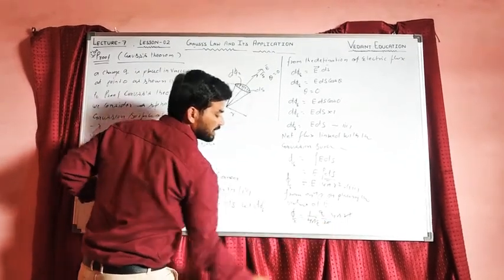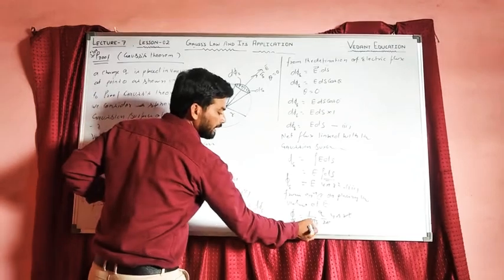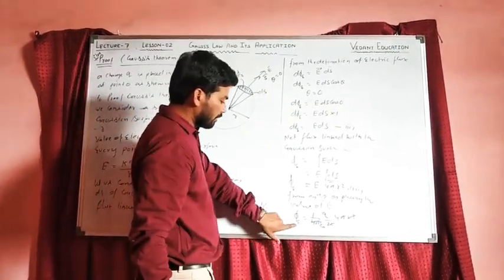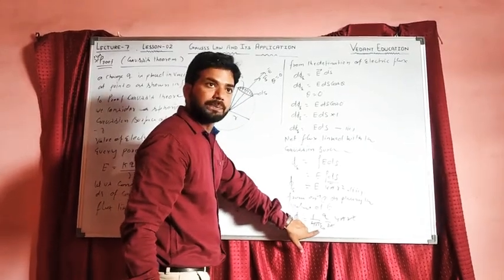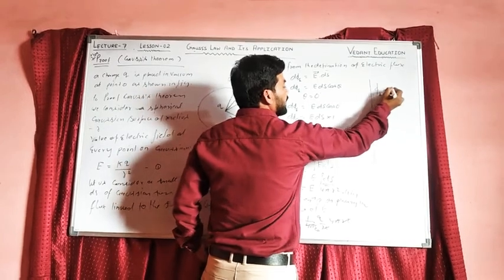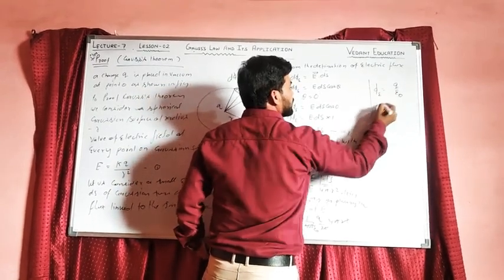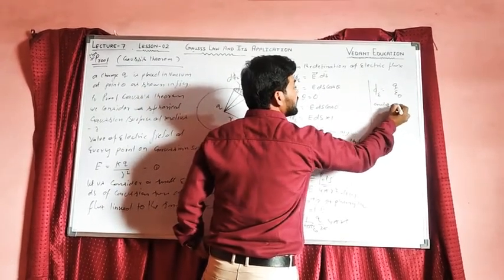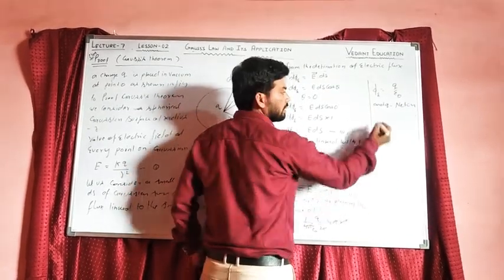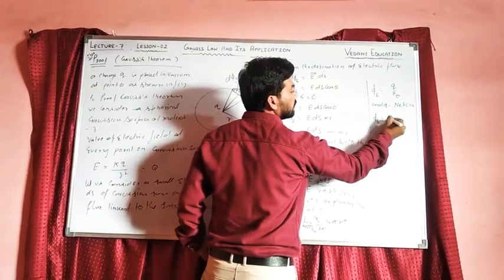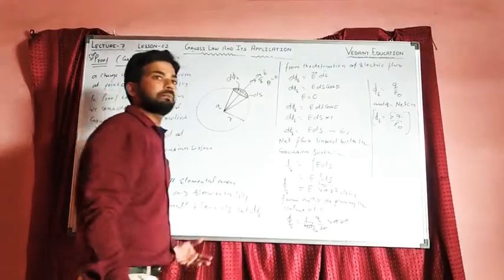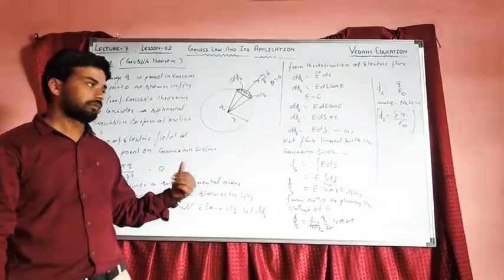The r square cancels out, and the 4 pi also cancels out. What remains? Phi e equal to q over epsilon 0, and q is the net charge enclosed in the Gaussian surface. So phi e equal to summation q by epsilon 0.